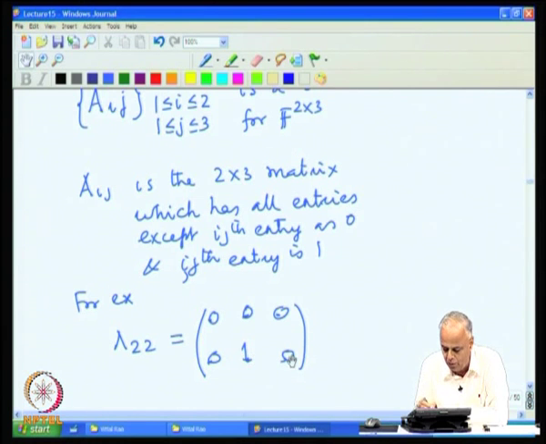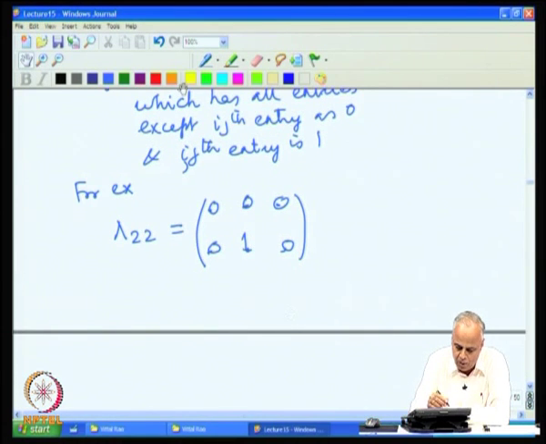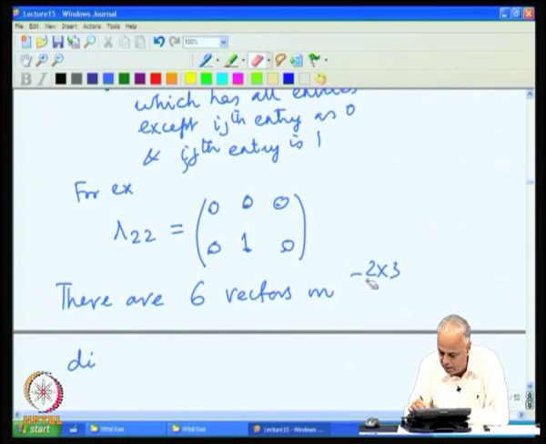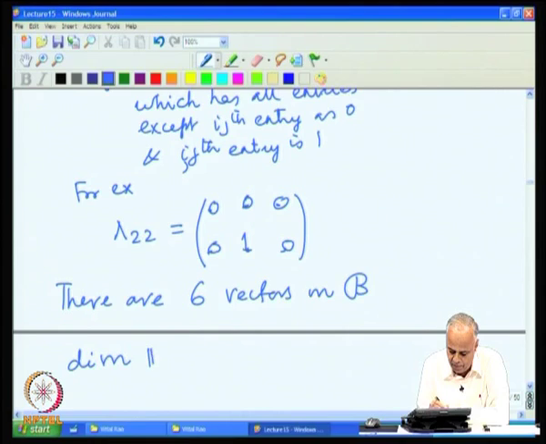There are 6 places where we can keep moving this 1, and therefore, there are 6 vectors in this basis B of F23, and therefore, dimension of F23 is 2 into 3, which is 6.